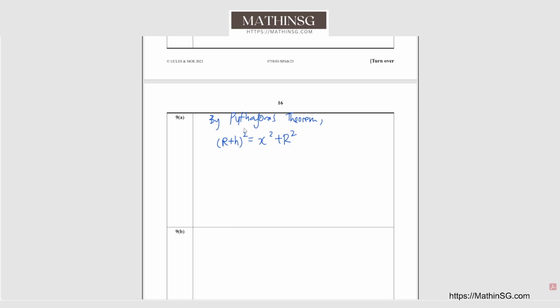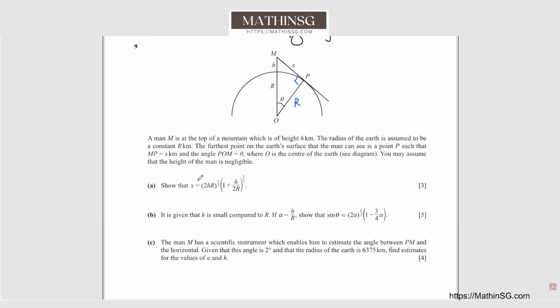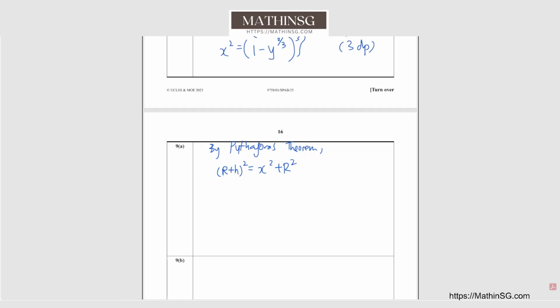Once you're done with that, we need to expand it, because you want to make x the subject. So I have x squared equals r squared plus 2hr plus h squared, then minus r squared, right? So this one can cancel off. So I have 2hr plus h squared equals x squared.